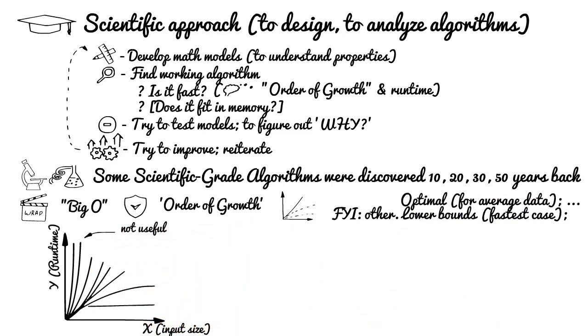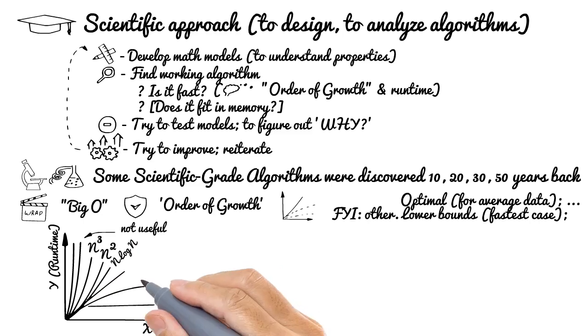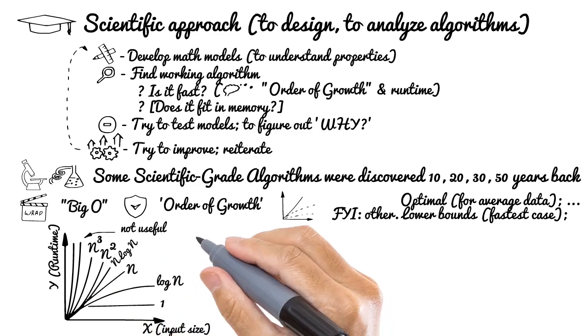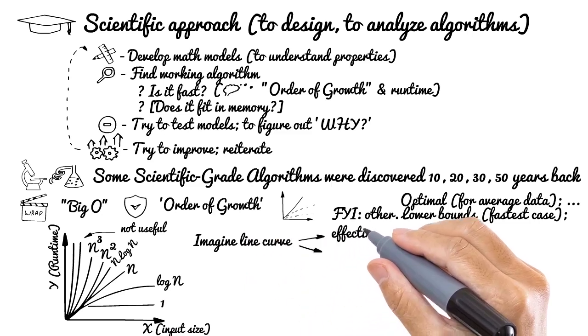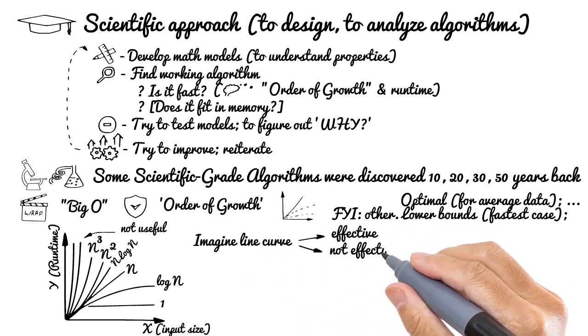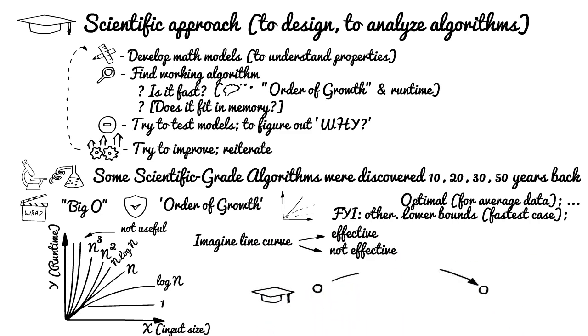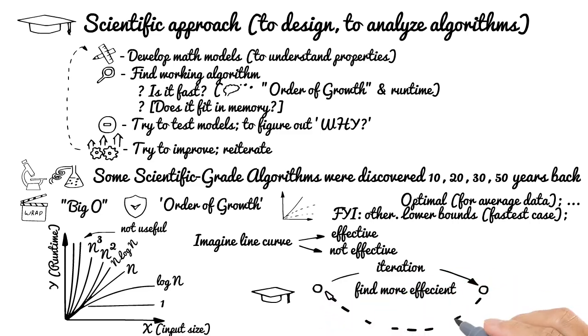Among useful ones, there are distinct curves for order of growth from slowest to fastest: cubic, quadratic, linearithmic, linear, logarithmic, constant. Always imagine how lines curve for each algorithm type to realize why it's so effective or, in contrast, not. The scientific approach is through iterations to find a more effective algorithm with a curve describing order of growth closest to the x-axis.